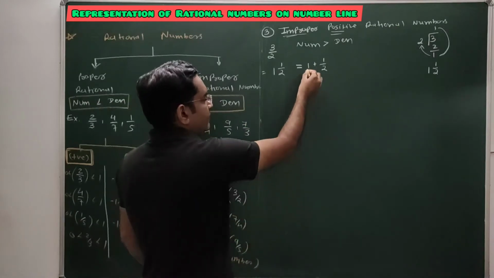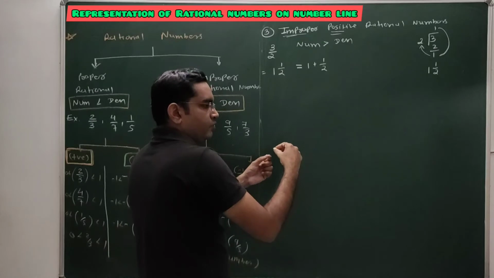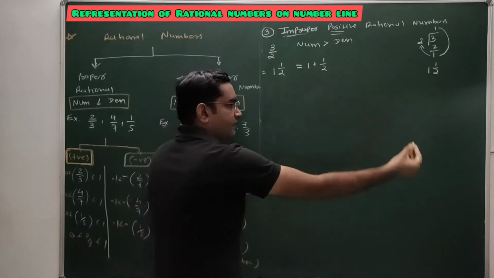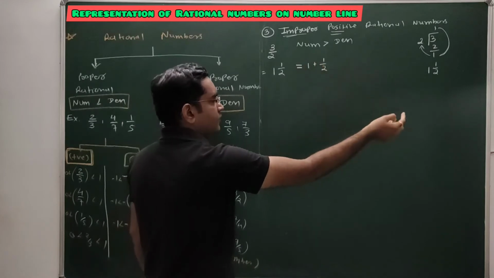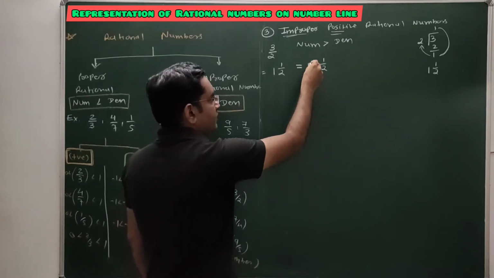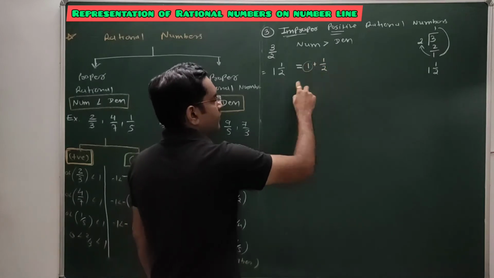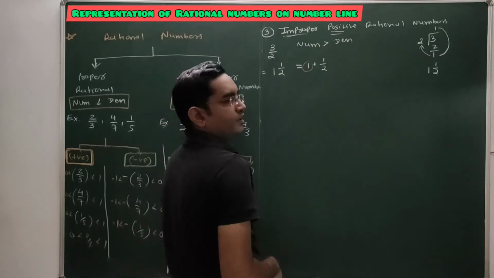So on the number line 1 is there, and if we add something to 1, we will move somewhat towards 2, not exactly to 2 but towards 2. So this 1 integer 1/2 lies between which two numbers? 1 and 2. ये इंटीजर पार्ट है ना, तो 1 और उसके आगे क्या आएगा? 2. तो ये नंबर 1 और 2 के बीच में आएगा.